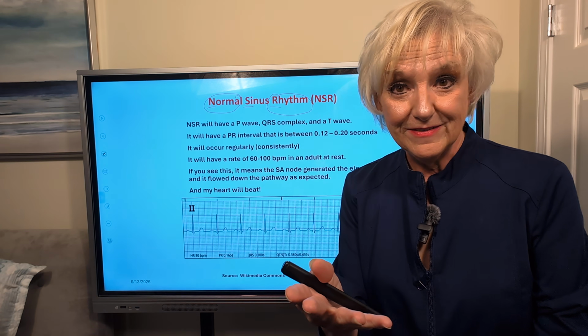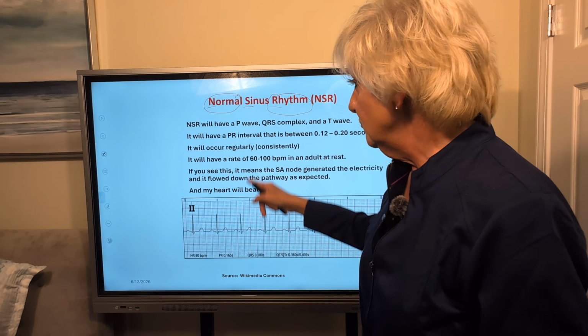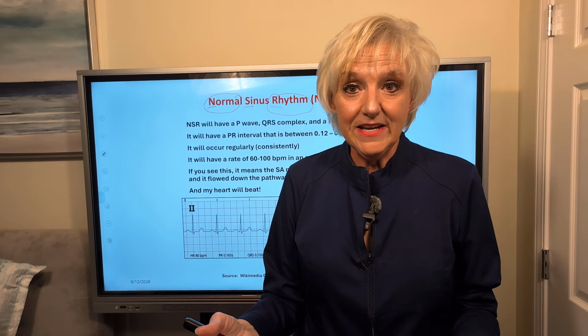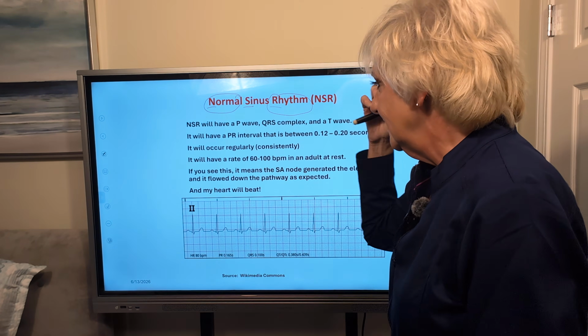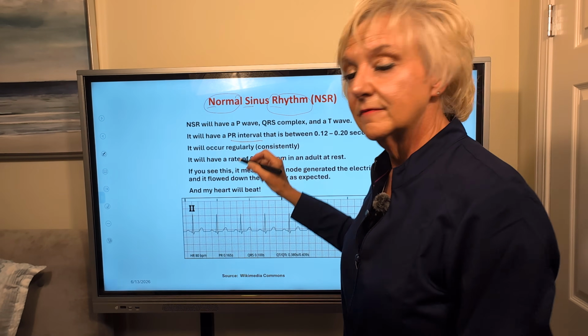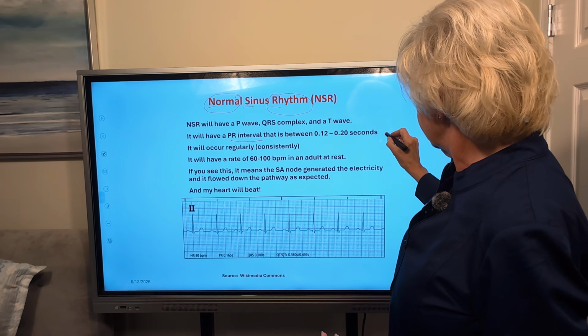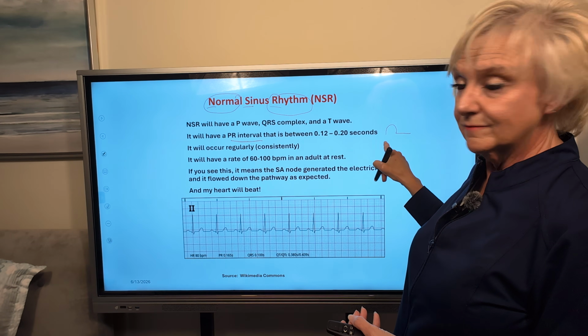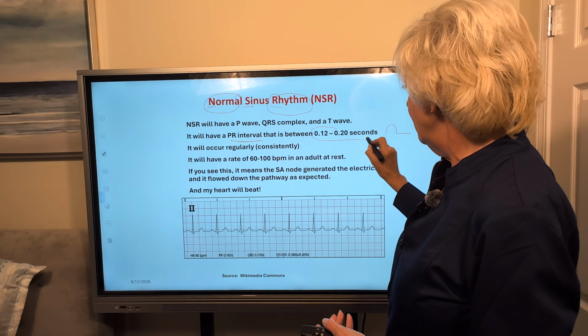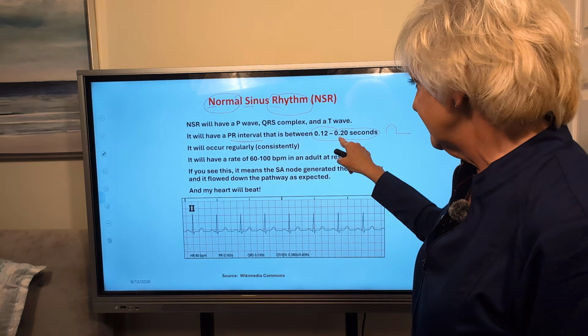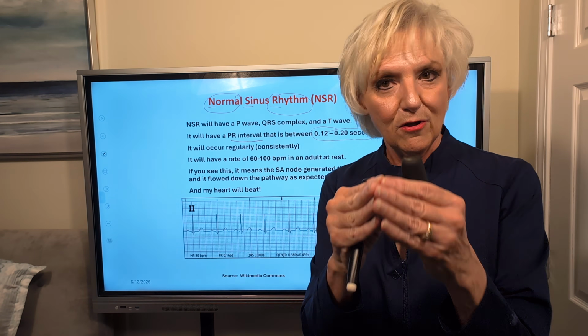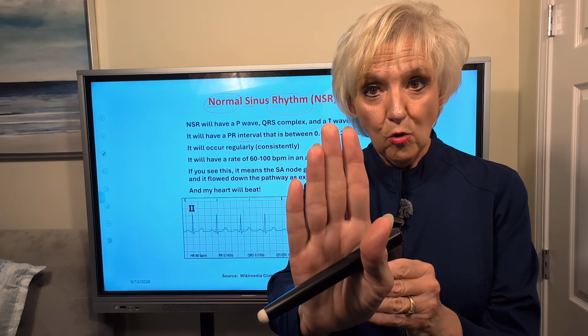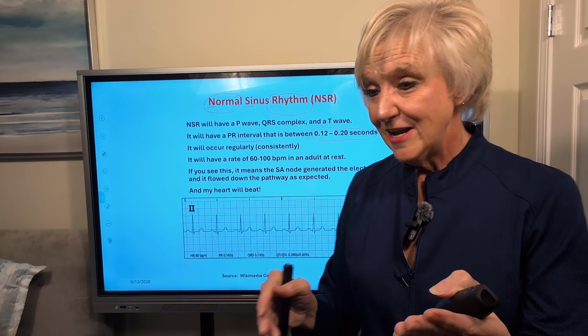It has certain characteristics. Normal sinus rhythm will have a P, a QRS, and a T. It'll have a PR interval, this piece, P wave, hold it, that lasts between 0.12 and 0.20 seconds. That's all it takes to depolarize your atria and then hold the electricity at the AV node.